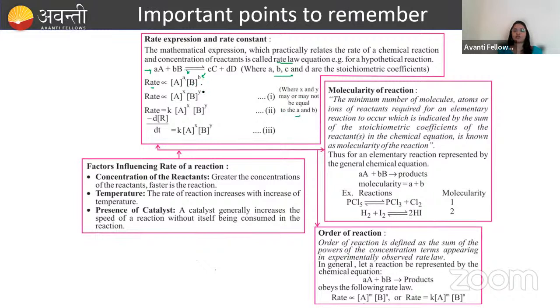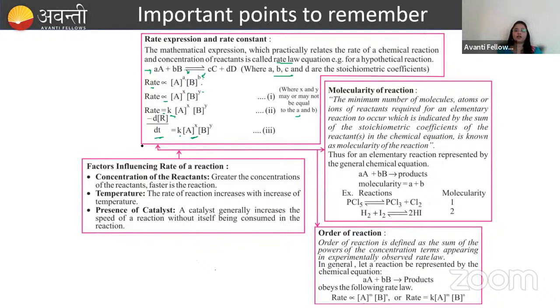So here I have only taken x and y, which may be equal to a and b or may be different from them. Okay, so what will the rate be? Equal to; I have removed the proportionality sign. I have written the equal to sign, and when you remove the proportionality sign, you put a constant there. That is K, and that is nothing but the rate constant. So the rate of a reaction is related to the rate constant and the concentrations of the reactants.